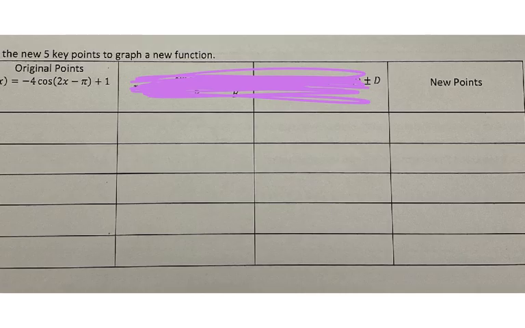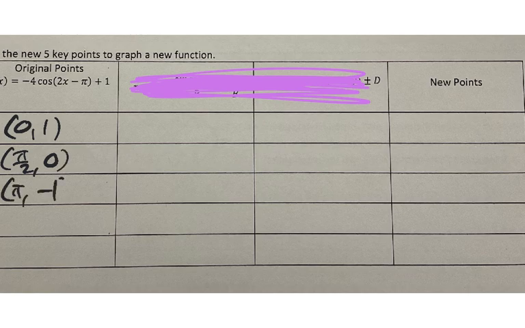Does cosine start at the origin or at 1? So 0, 1. If I start at the top, the next one has to come down to 0. Then we keep going down to -1, back up to 0, and then back up to 1. Those are my 5 critical points.